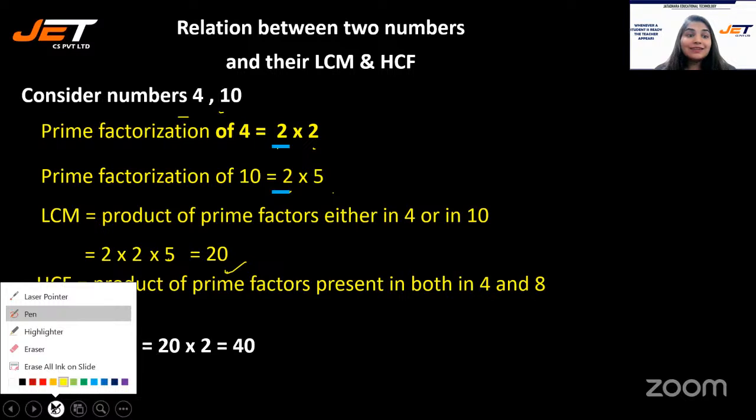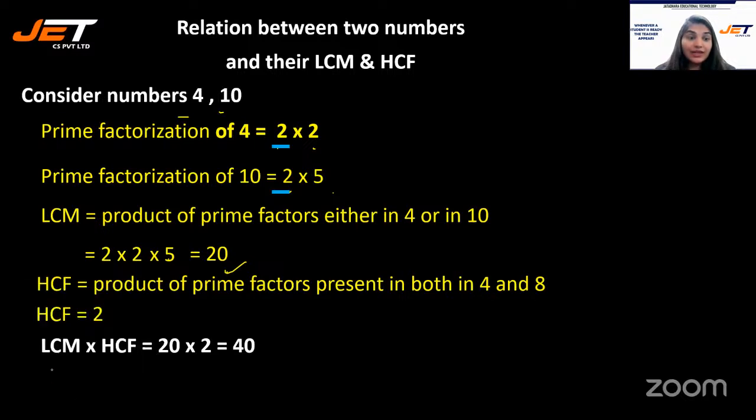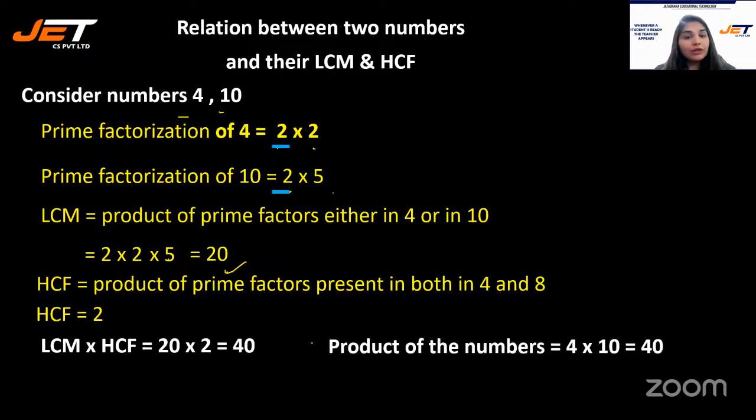Here, there is a relation as I already mentioned. The relation is LCM times the HCF is equal to the product of two numbers. LCM times HCF is 20 times 2, which is equal to 40, and that should be equal to the product of the two numbers for which you have taken out the HCF and LCM. 40 here, 40 here.